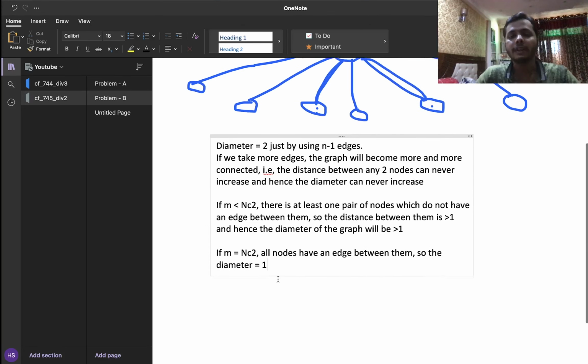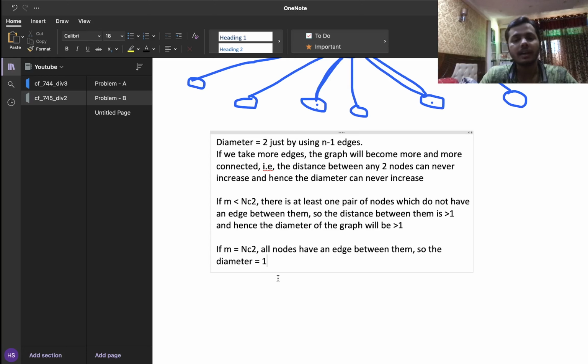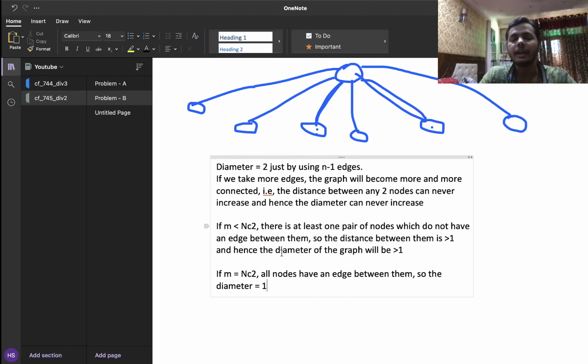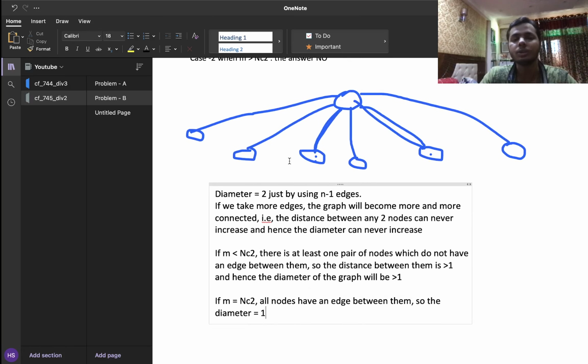So basically what is happening to the diameter? We are constructing a graph having a minimum diameter, right? So as long as we have at least n minus 1 edges and at most nC2 edges, we are good. And if that condition is satisfied, as long as we have less than nC2 edges, the minimum diameter we can get is 2. Why?